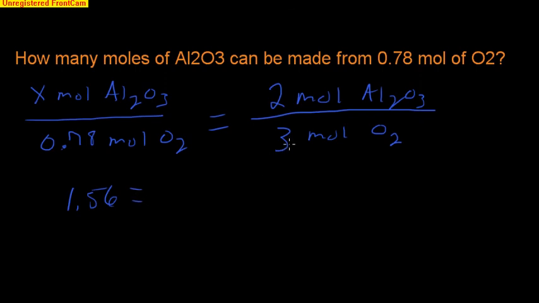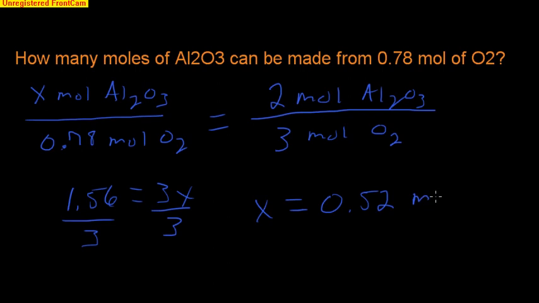And when I take 3 times x, that gives me 3x. At this point, I'm going to divide this side by 3, divide this side by 3. So my x is going to be equal to 0.52. The units for my x were moles of aluminum oxide, so I'm going to say 0.52 moles of Al2O3.